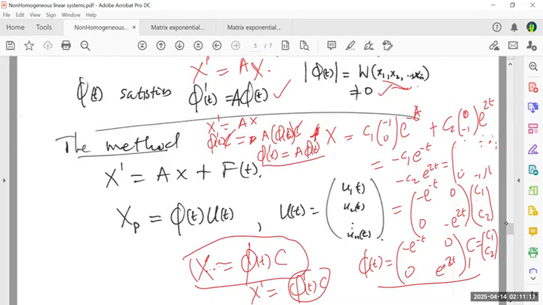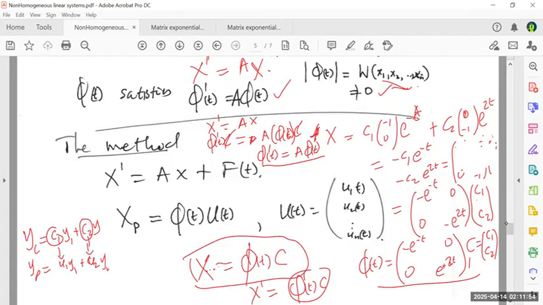So now, remember with the method of variation of parameters for second order differential equations, we would say if the complementary solution was C1 y1 plus C2 y2, our yp was going to be u1 y1 plus u2 y2, where the constants are now variables.